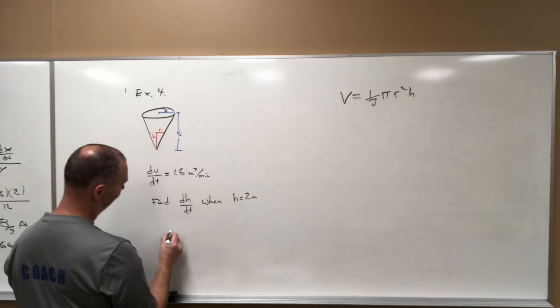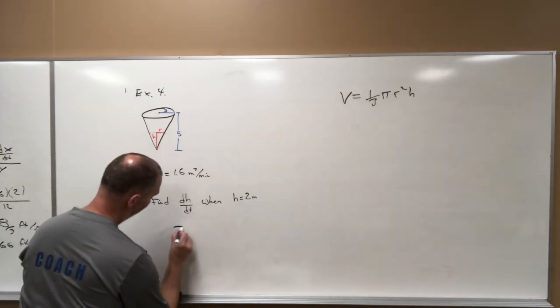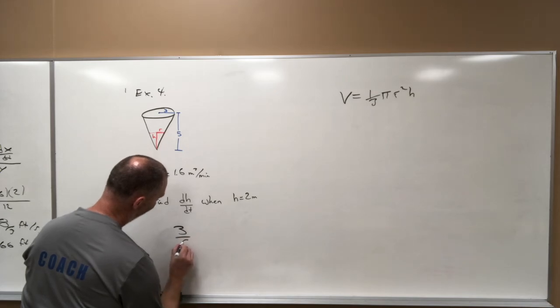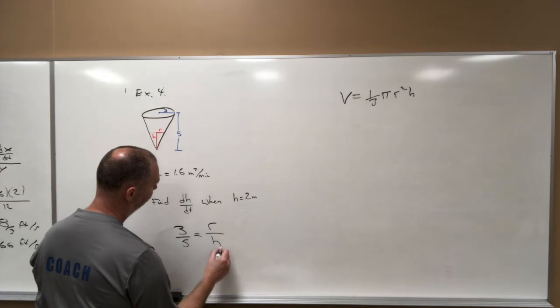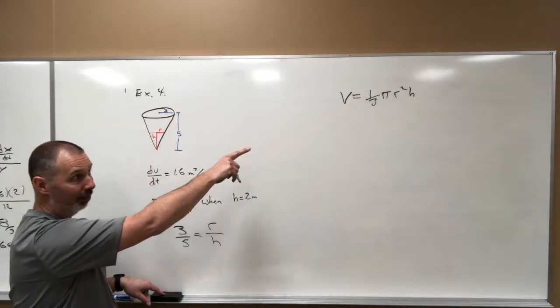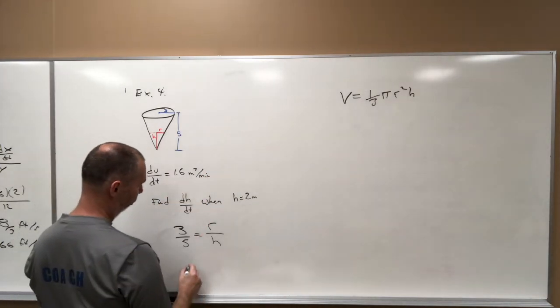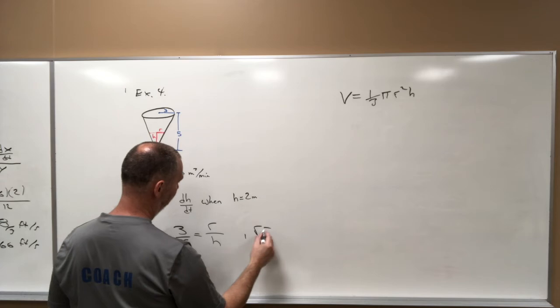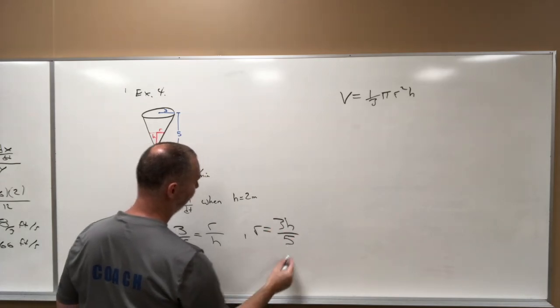So we can say that 3 is to 5 as r is to h. Now it's the r we want to eliminate out of that formula, and so we want to solve this equation for r, and so here r will equal 3h over 5.